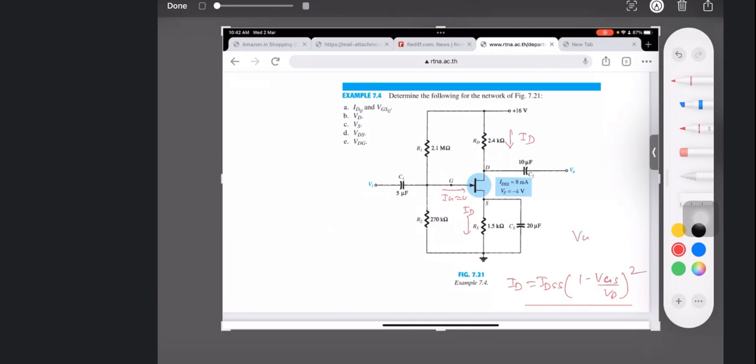It means we should know VGS first, so VGS is to be found from this loop. Solve this question.